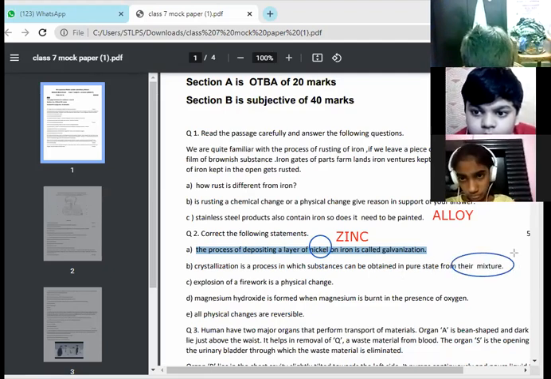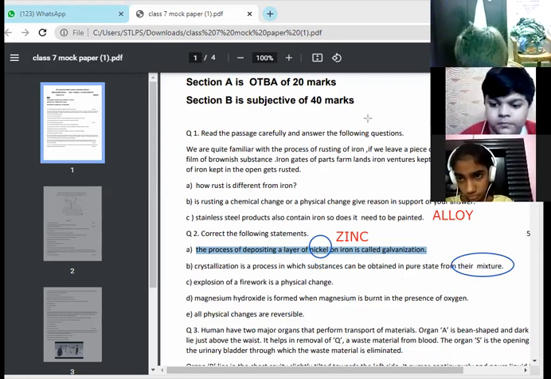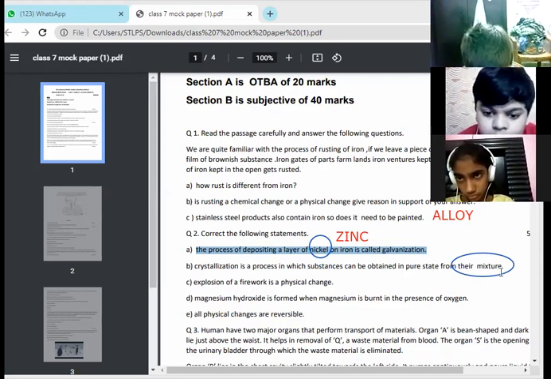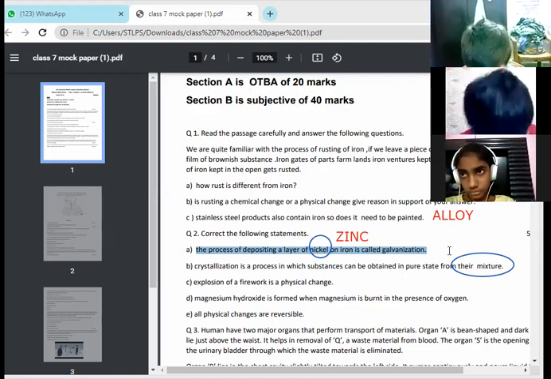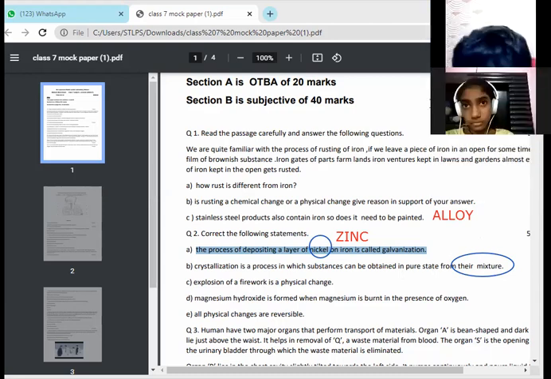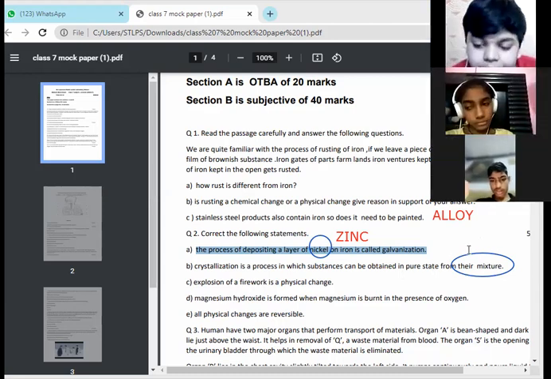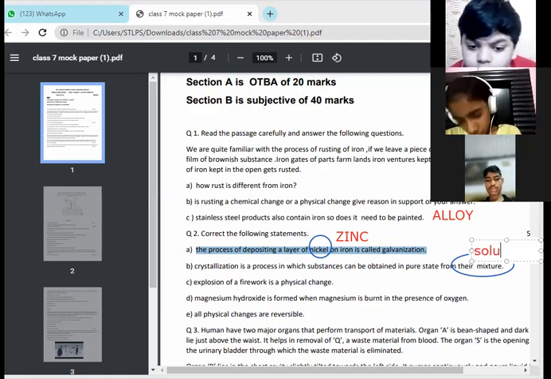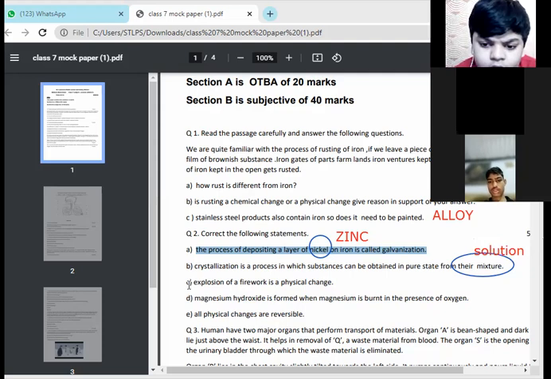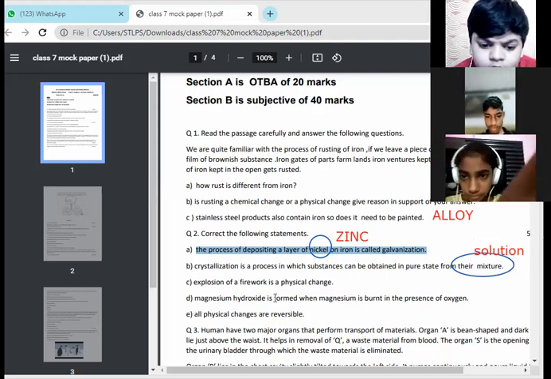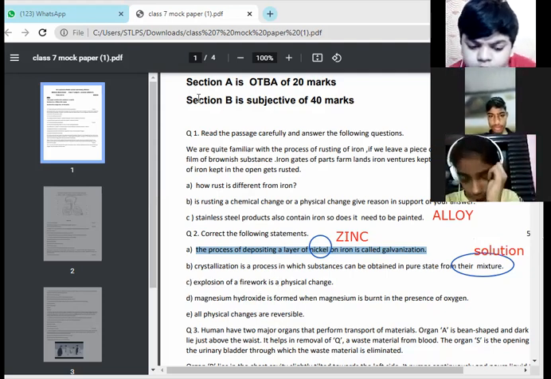What can be the answer instead of their mixture? Yes, Vedika? From their solution. Yes, very good. From their solution, the answer will be there.